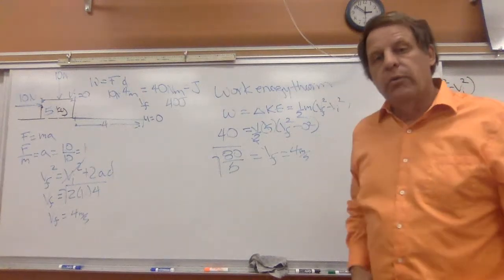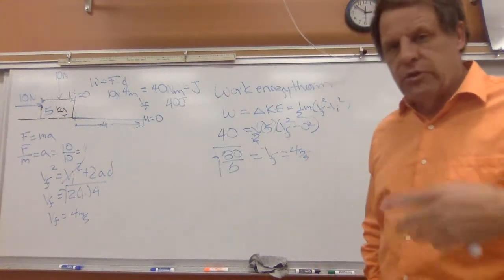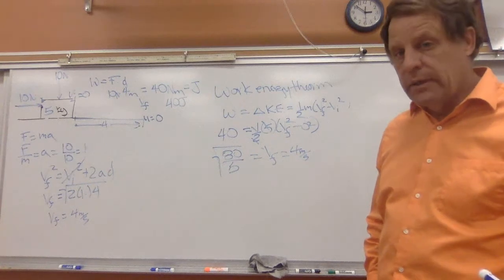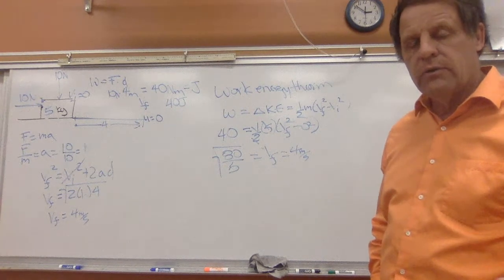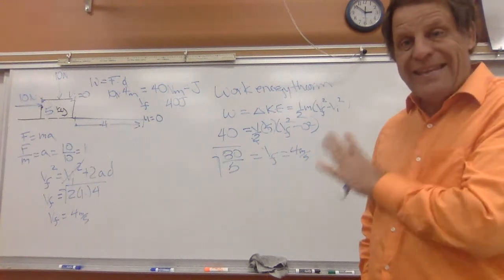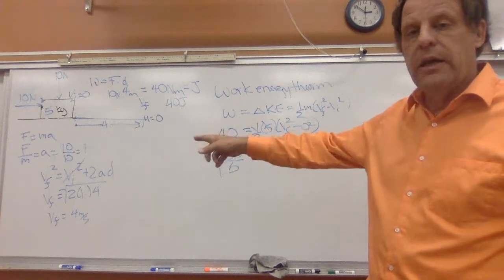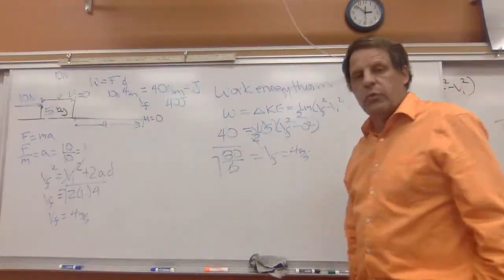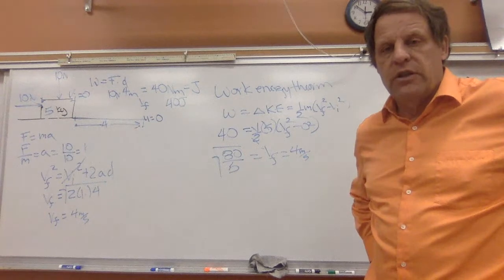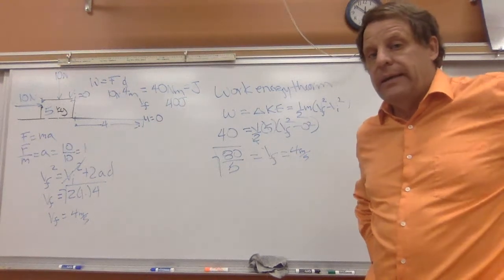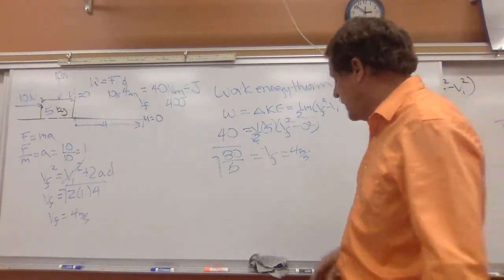If we put in 10 there, then we're going to get the square root of 8, which is going to be a little bit less than 3, because the square root of 9 is 3. So we're getting the same answers as we did there, but very often this work energy theorem works out to be very nice.